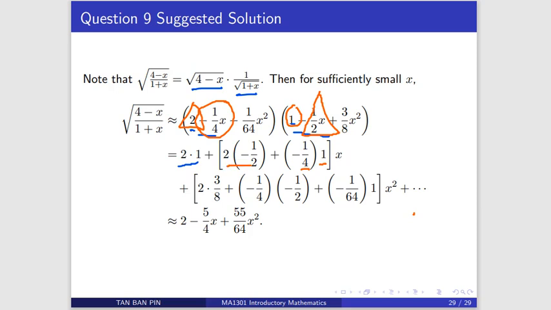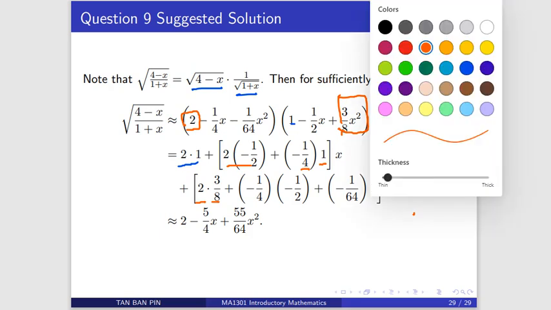And to get the x squared term, there are 3 possibilities. It can be the constant term 2 with the x squared term 3 over 8 x squared, so it's 2 times 3 over 8 x squared.